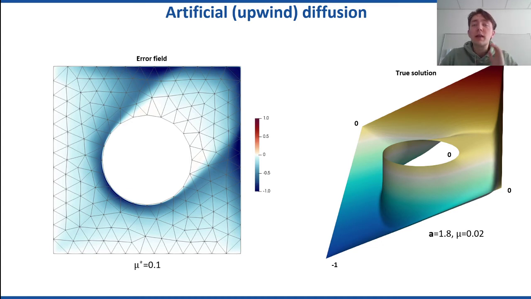So following that line of thought, we might actually only want to add diffusion across the diagonal, across the lines where our advection is acting. And that idea is to have now not only an artificial diffusion, but an artificial diffusion in this upwind direction. So that's what we'll try to do now.